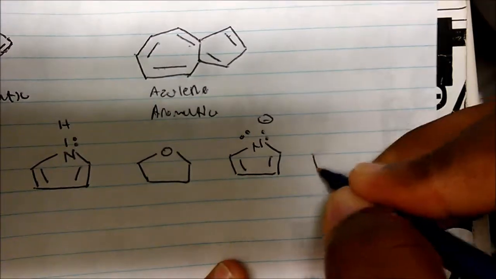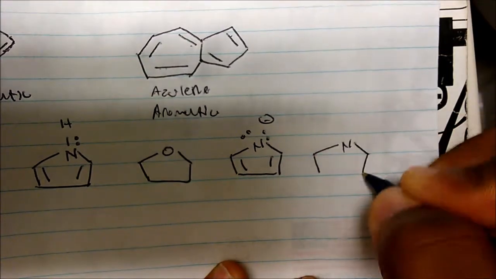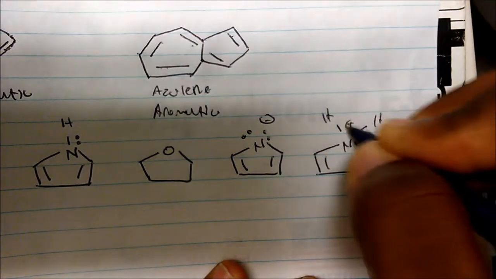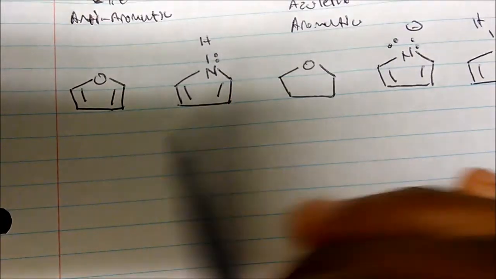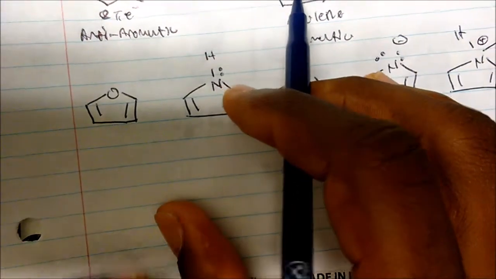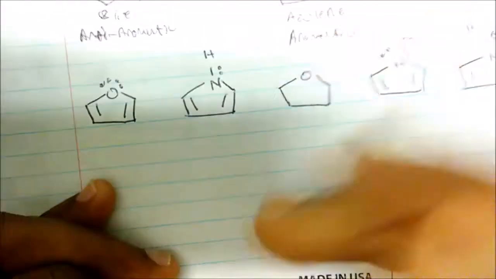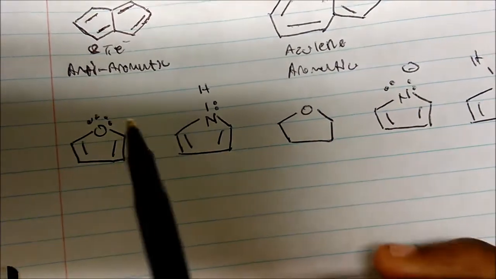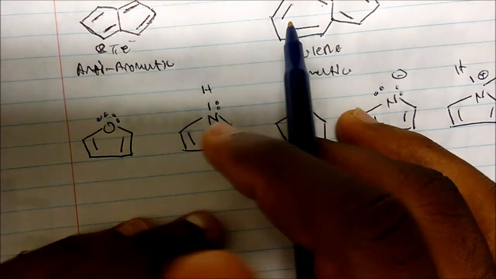Let's look at this one also. This is actually called furan, right? Is it aromatic, anti-aromatic, or non-aromatic? Well, the first thing I'm going to do is draw my lone pairs. Now you see that in the ring I have 4 pi electrons.